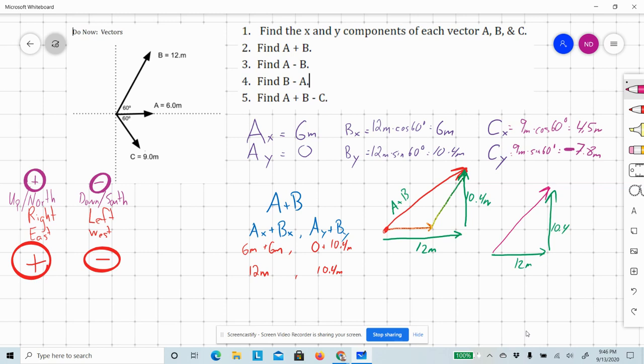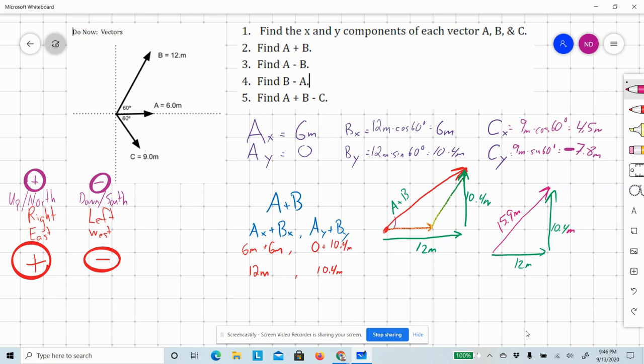Take the square root of those things. 15.9 is the magnitude. The magnitude of this is 15.9 meters. Always carrying units through.